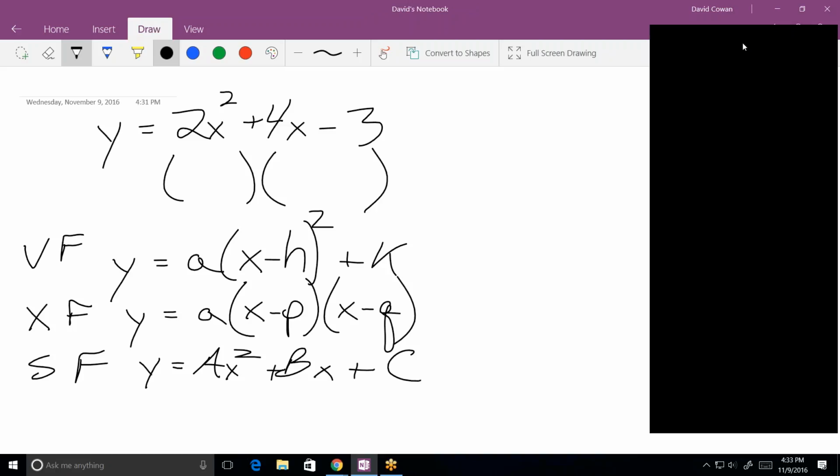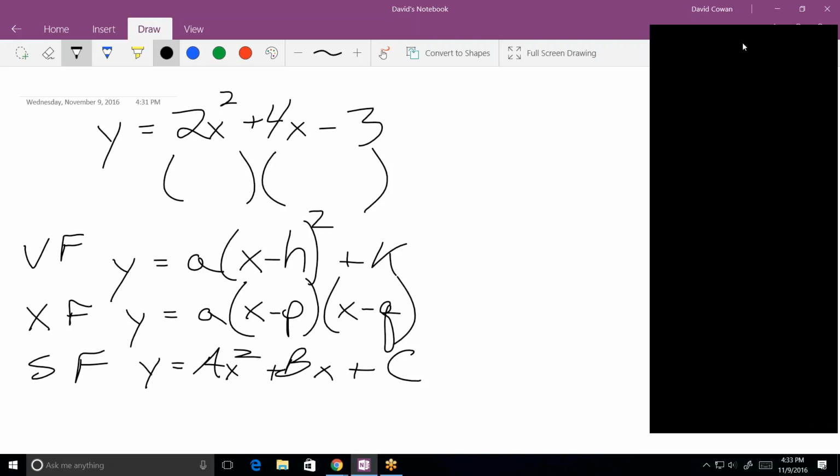What they want is for us to be able to graph the parabola with 5 points, is that what you said? Yes. Determine the x and y intercepts, the vertex, and the domain. Was that everything? Oh, wait. Yeah, we don't have to identify the x and y intercepts.